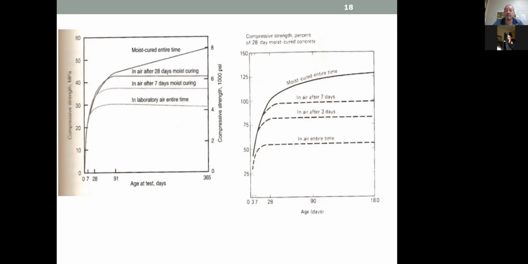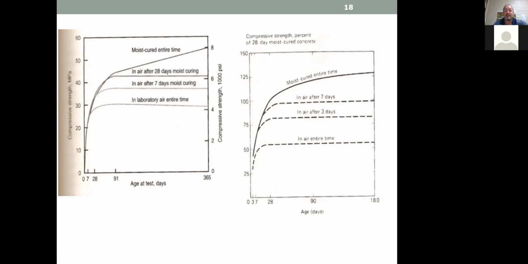If you're wanting to know, and it's just an estimate really, what would be the strength of my concrete at 28 days, which is what the specification would be written for, but I'm testing it at 7 days. So you would use a chart like this and come up and you might say, hey, it's going to be 60-some% or 70% or even 75%, something like that. So that would give you an idea of what your strength would be.